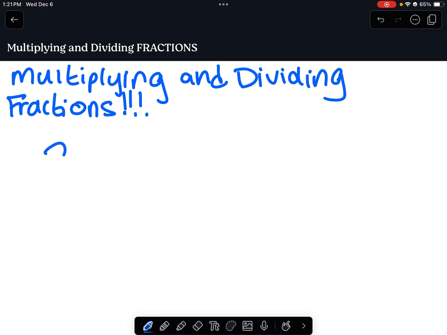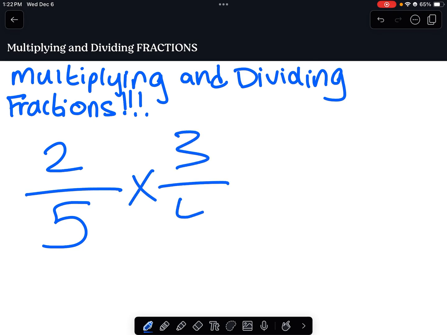So, quick example. Let's say we have 2/5 and we want to multiply it by 3/4. Okay, does that look scary to you? Well, if you are comfortable with your multiplication facts, it's actually super straightforward. Let me tell you why.